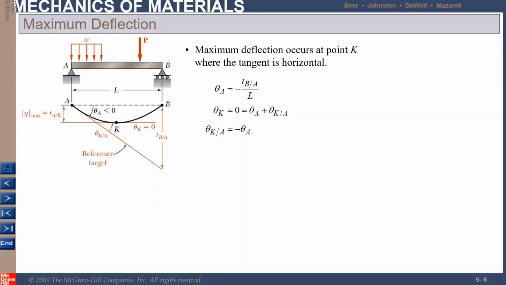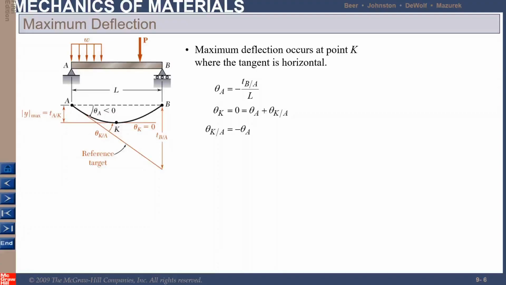When we have a simply supported beam that is not subjected to a symmetrical loading, we will not necessarily get the maximum deflection at the center of the beam. So we need to determine the point where the maximum deflection occurs, which we can denote as point K, where the tangent is horizontal.